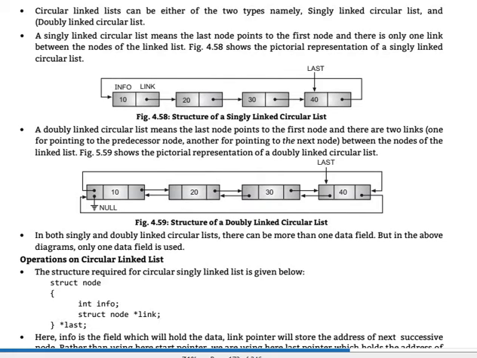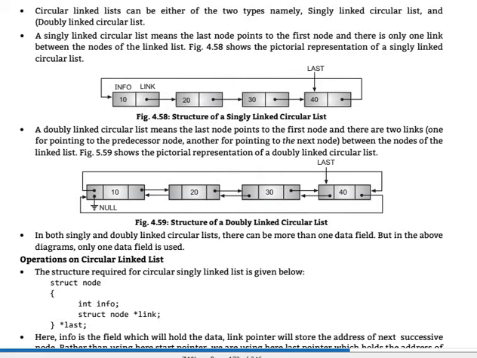In short, in a doubly linked list two links are there, one is next and another is previous, as shown in the below figure, the structure of the doubly linked circular list. The 10, 20, 30, 40, that 40 will be connected with the first, and there the next and previous both are connected with the first element.